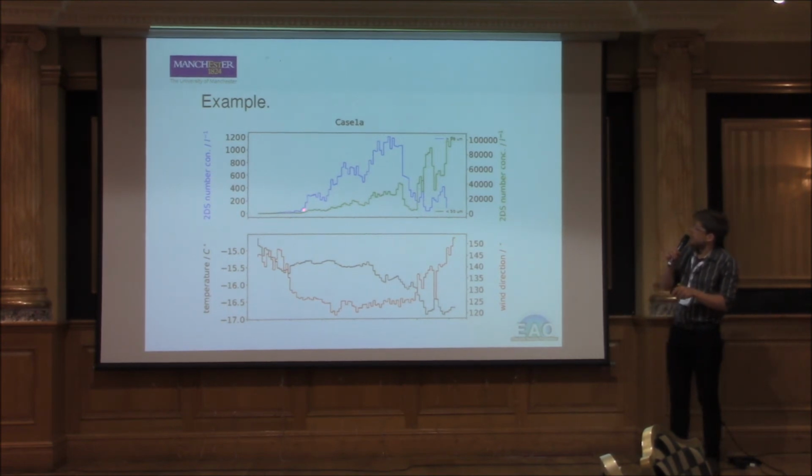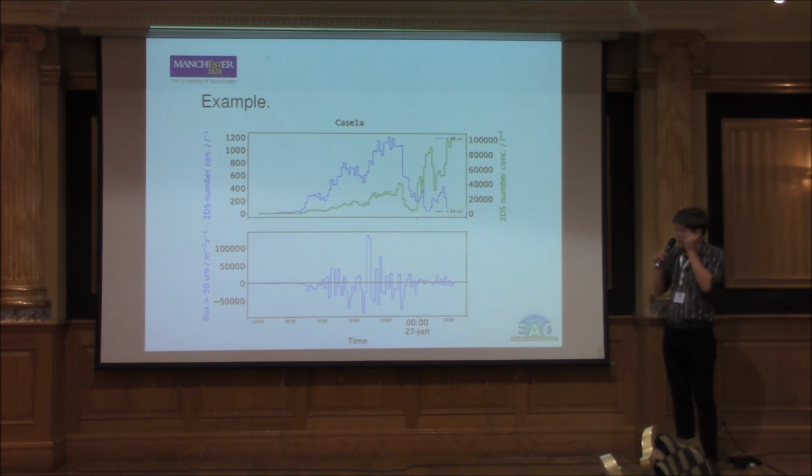As the event started, the temperature dropped to minus 16.5 degrees and stayed there for almost the whole period, and the wind changed slightly from 140 to 125 degrees, so there was no change of an air mass or anything.